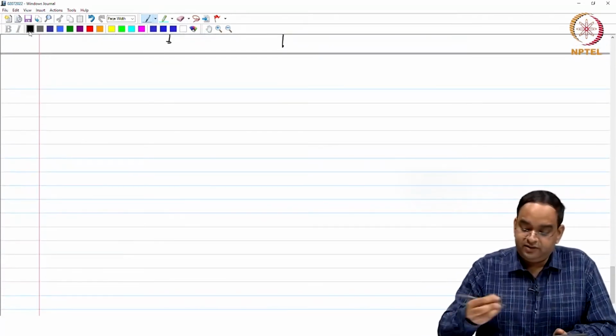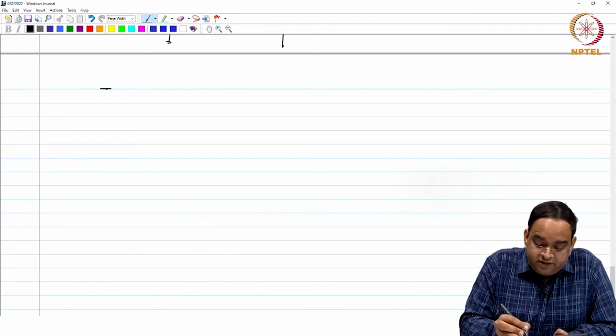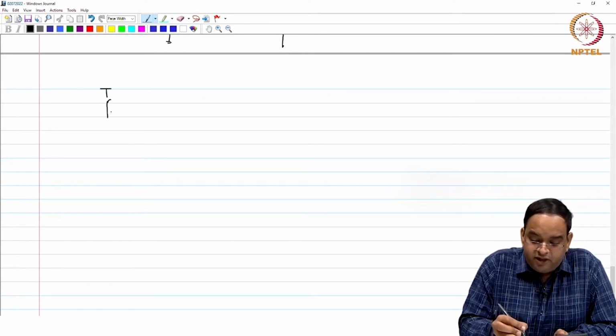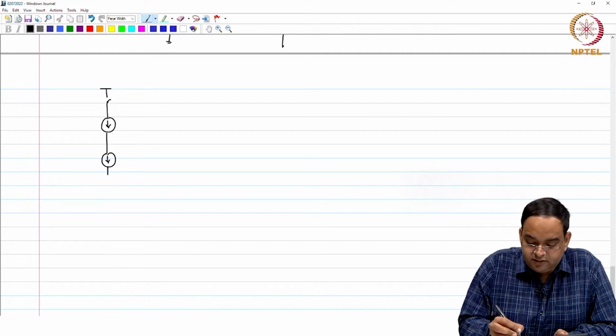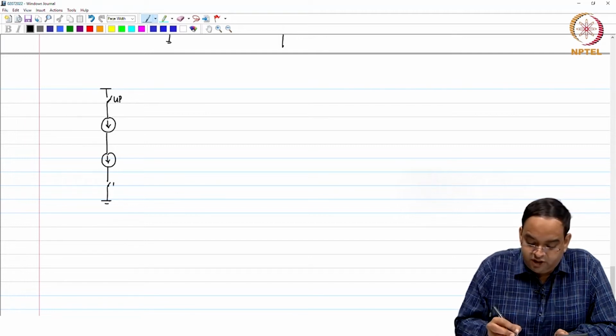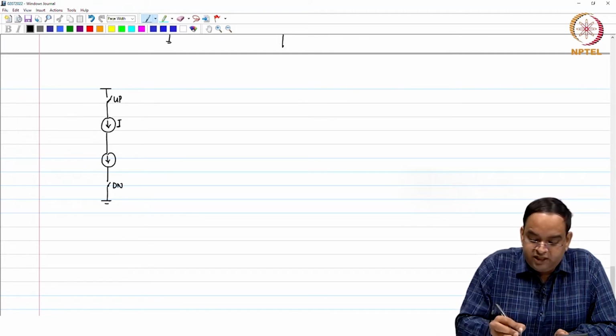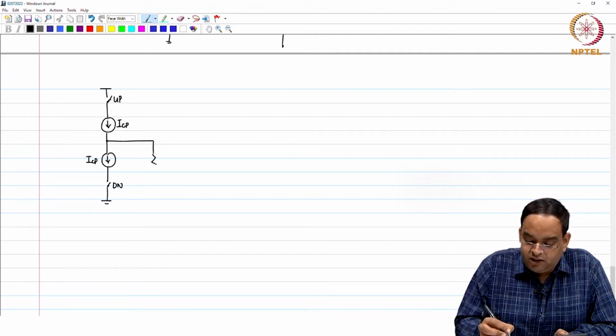In contrast, you have a current based implementation where you again use two switches with two current sources like this. Okay. So, you have this switch controlled by up, this switch controlled by down, both the current sources are equal, okay, and this is getting connected to the loop filter.